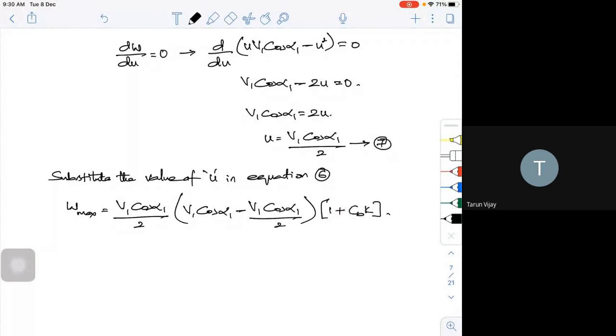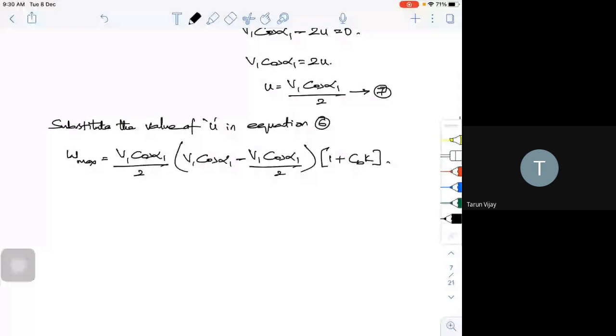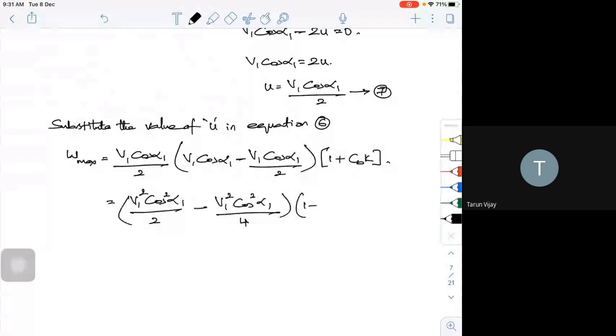Now I'll open the bracket. This will become v1 square cos square alpha 1 divided by 2, minus v1 square cos square alpha 1 by 2 into 2, which is 4, then into 1 plus cd into k.